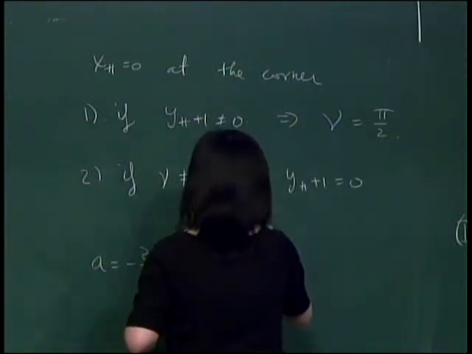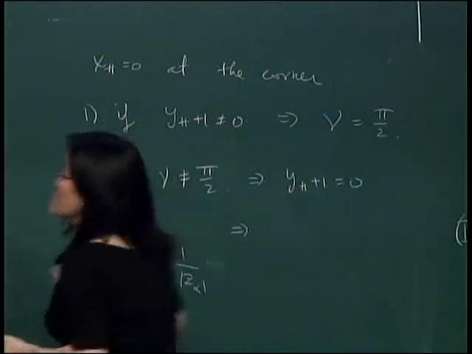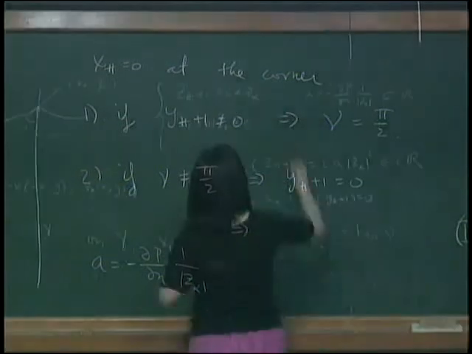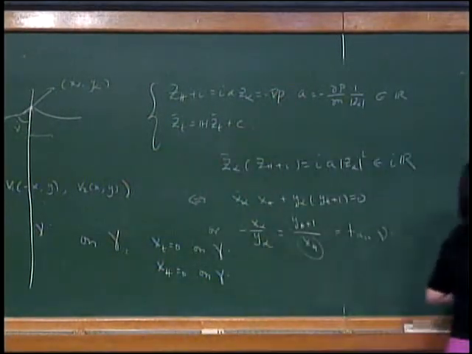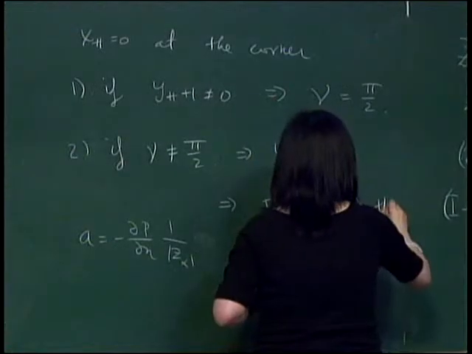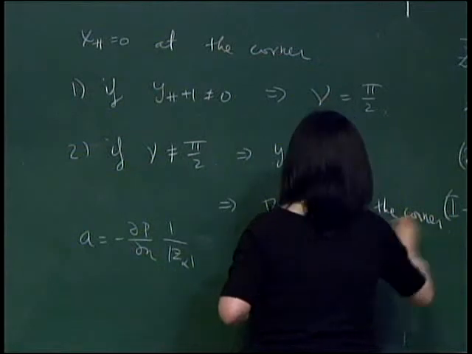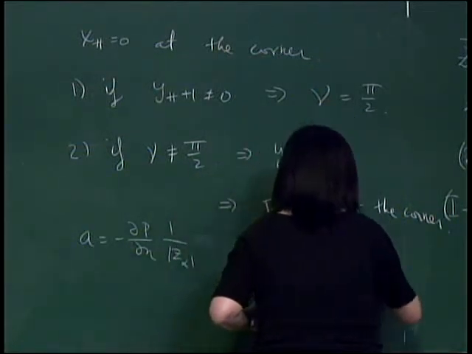So this means ztt plus i has to be 0, and remember, that was gradient P. So this means that gradient P has to be equal to 0 at the corner, or you can say that dP/dN has to be 0 at the corner.